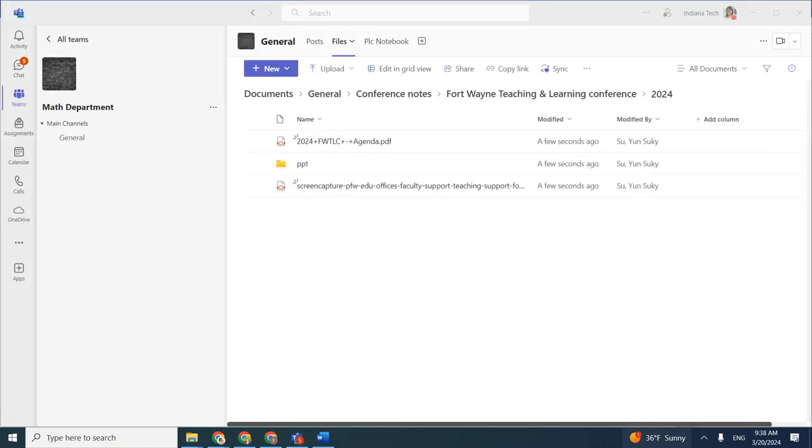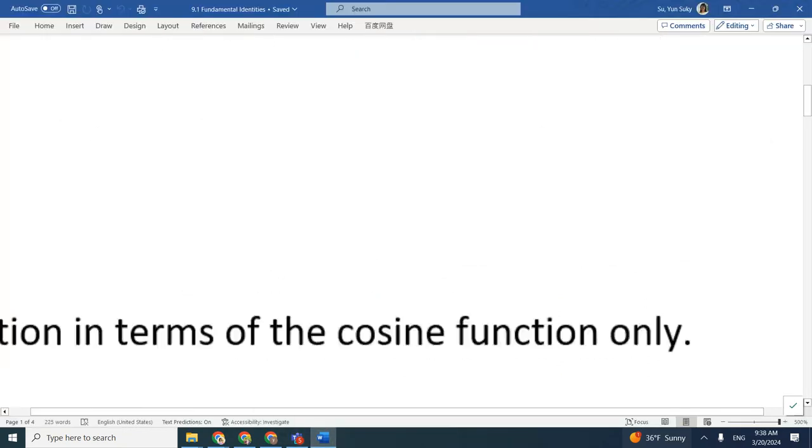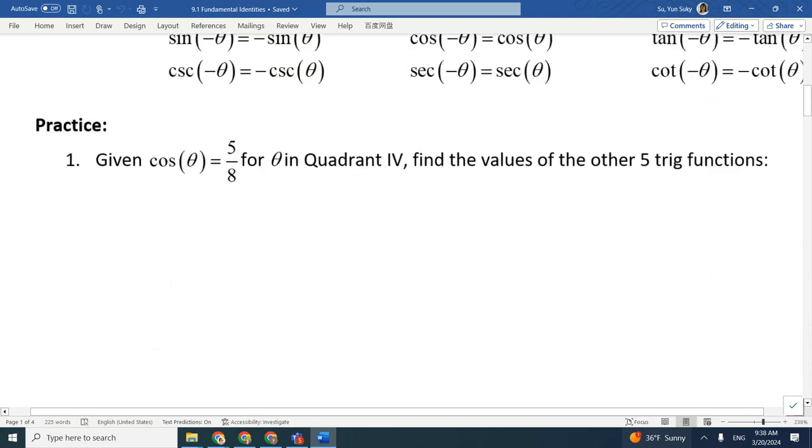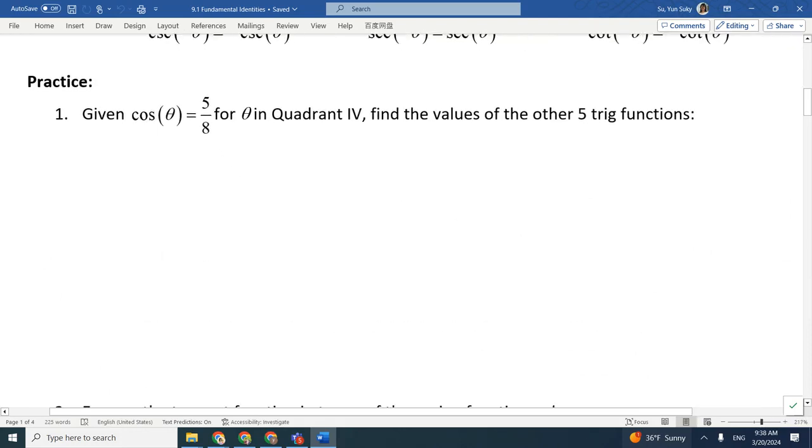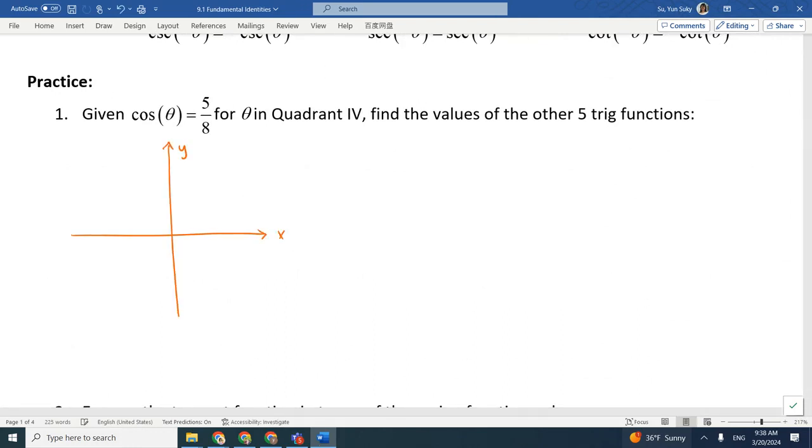All right, so we draw the x and y, and cosine theta in terms of x, y, r. What over what? X over r, right? Because it's going to be in quadrant 4. That's quadrant 4. Sorry, that's not theta.